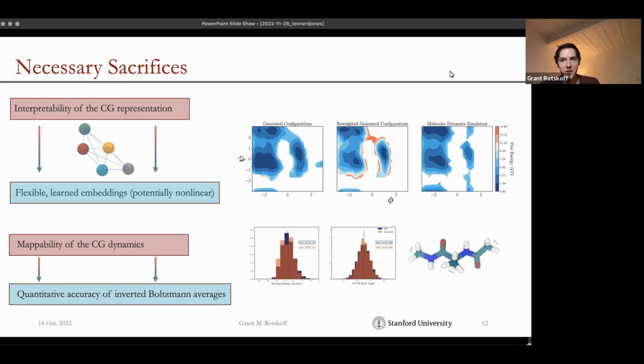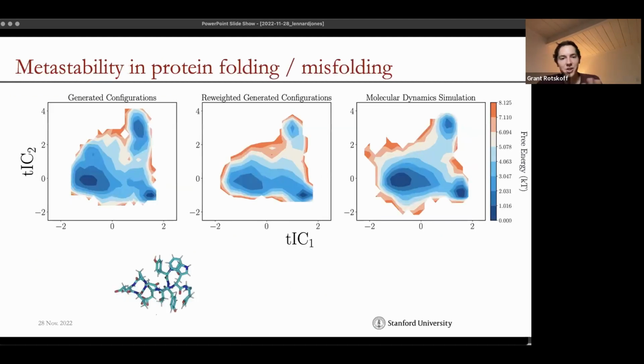We don't have that option as much. The coarse-grained dynamics that we obtain are abstracted to a level where you couldn't even stare at the coarse-grained model and say, okay, I think what's happening here is this. That's all out of the window. But what we obtain is quantitative accuracy on the free energy surfaces and on the Boltzmann distributions, and I'll show you one result to show that this is non-trivial.